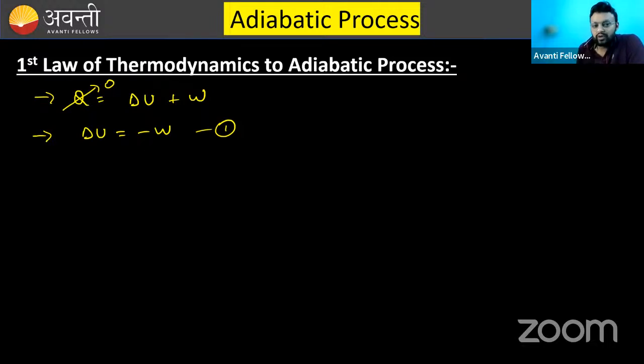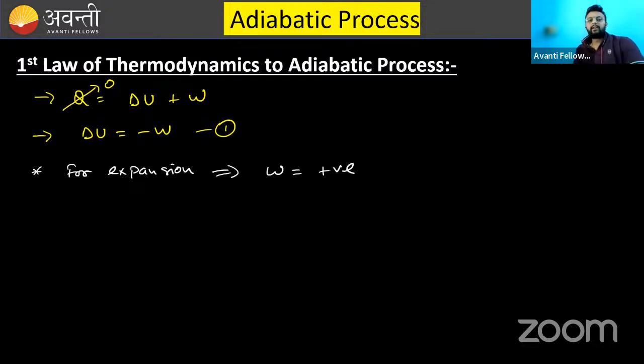Now, delta U is equal to negative of work done. Now, there might be a situation like this, you should understand this is going to be a punchline and it is directly asked in your CBSE exam. For expansion, what we have seen is that during the expansion, work done is positive. If work done is positive, then delta U will be negative.